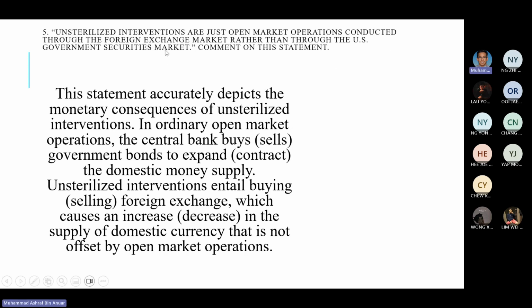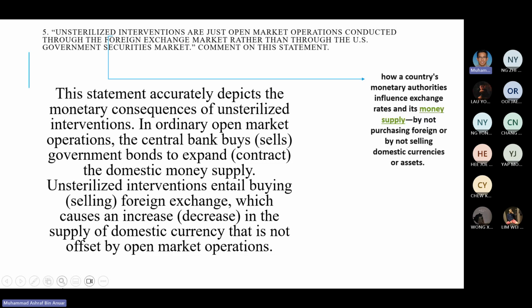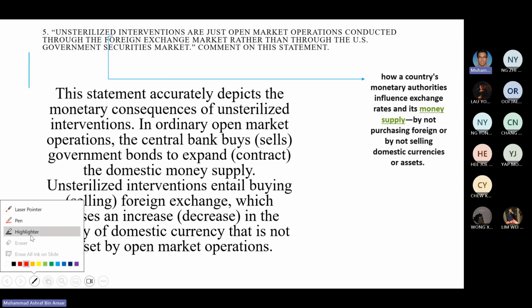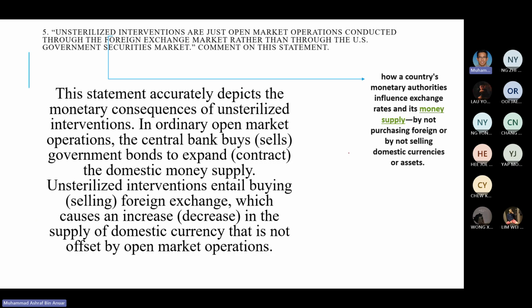Sterilized interventions are just open market operations, OMO, conducted through the foreign exchange market rather than through the US government securities market. Comment on this statement. So you have to know first what is sterilized intervention. It is how a country's monetary authorities influence the exchange rate, by purchasing or selling foreign or domestic currencies or assets.